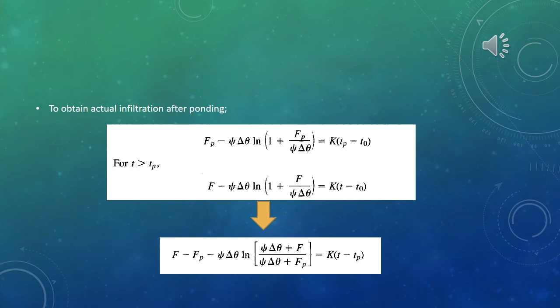Okay, so for t bigger than tp, it means the time is bigger than ponding time. What are we gonna do? First, we know that at ponding, Fp, we can write it into the ponding time equation. For the Green-Ampt equation, which is Fp minus suction head times delta theta ln 1 plus Fp over suction head times delta theta is equal to K (tp minus t0), which gives us the ponding infiltration.